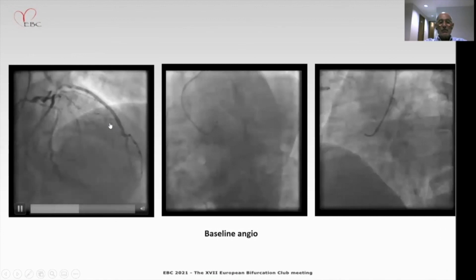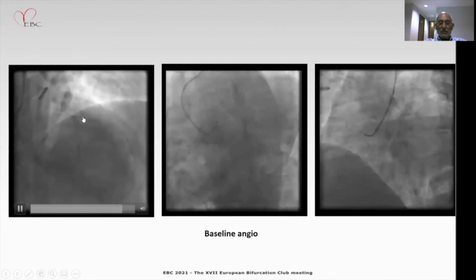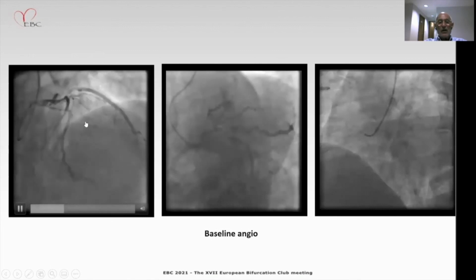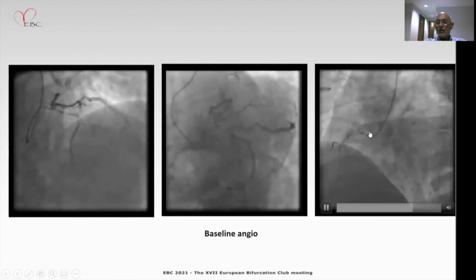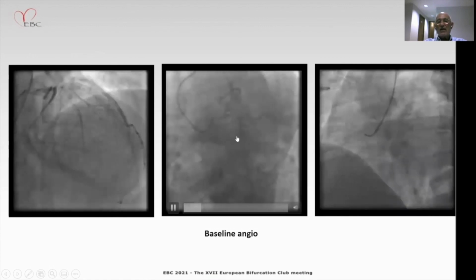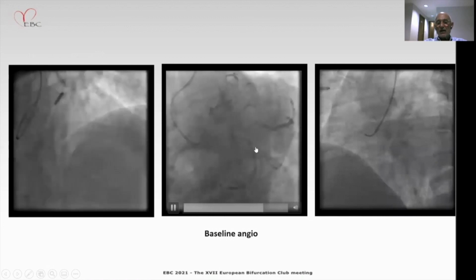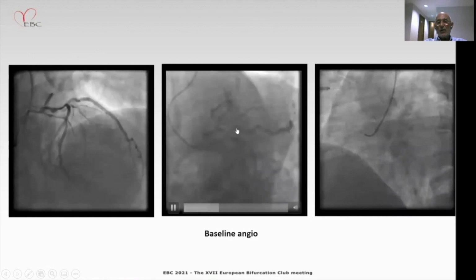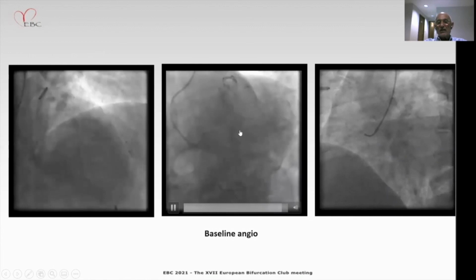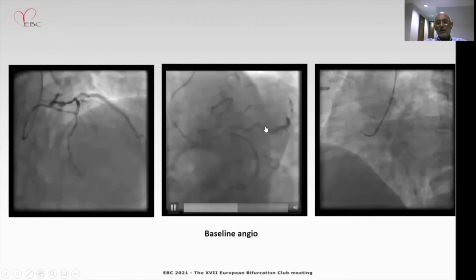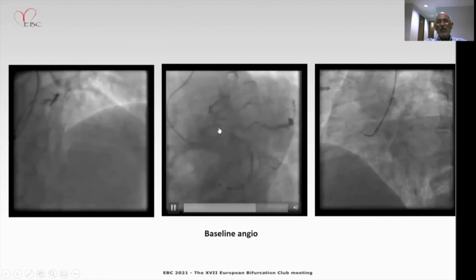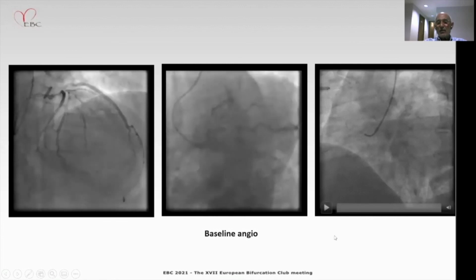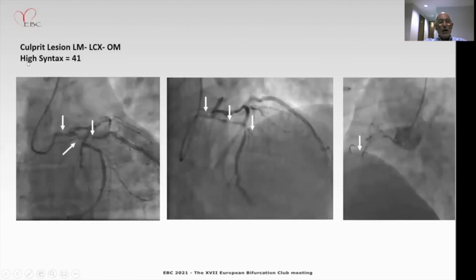Angiography showed multivessel disease with chronic total occlusion of the LAD, chronic total occlusion of the right coronary artery, severe stenosis on the proximal dominant circumflex at the bifurcation with a huge marginal, which itself has a long proximal lesion, and severe stenosis on the distal left main involving both LAD and circumflex. So the SYNTAX score was 41.